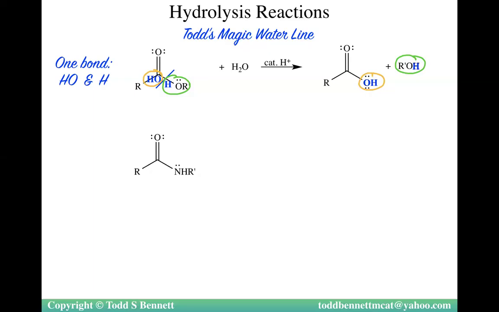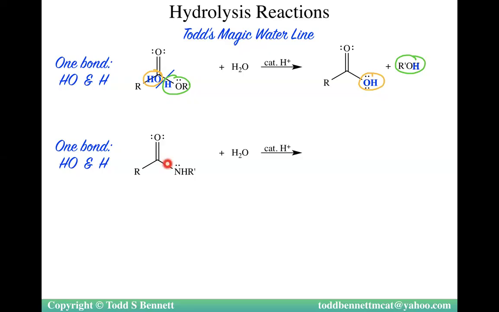So we'll try again. This time, instead of an ester, we have a compound known as an amide, a carbonyl with an acyl bond to N. Hydrolysis of an amide is a little bit harder to pull off, but can still be done. It's just not quite as good a leaving group. But so we're going to break one bond, and in breaking one bond, we need one water bond broken as well. So OH and H will be the resulting two fragments.